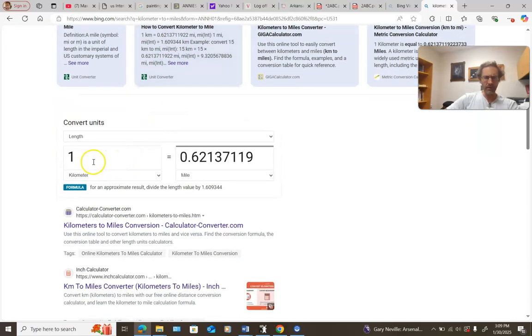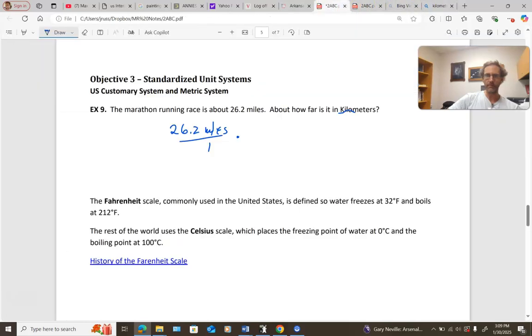Okay, so if I come down here, this says that 1 kilometer is equal to 0.6213, etc. miles. I'm just going to say that it's equal to 0.62 miles, and that's what I'm going to put in the notes. Okay, so this is our conversion factor, the fact that 1 kilometer, and this is the way it's abbreviated, is equal to 0.62 miles.